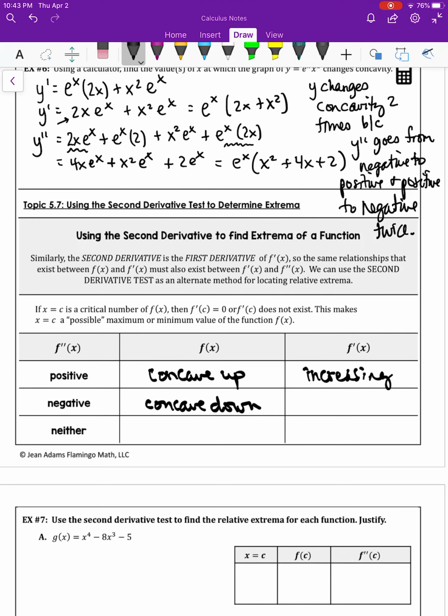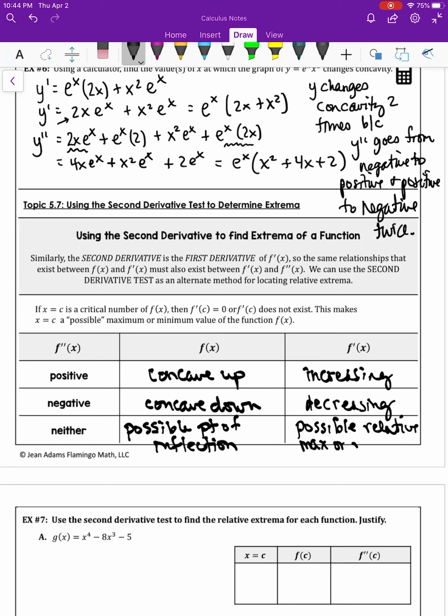And when our derivative is negative, that means it's a decreasing function. When we have neither for our second derivative, we have a possible point of inflection. And then for f prime, we have a possible relative max or min.